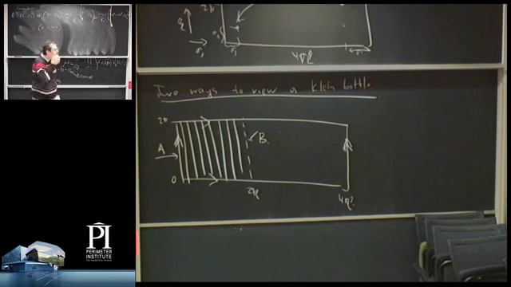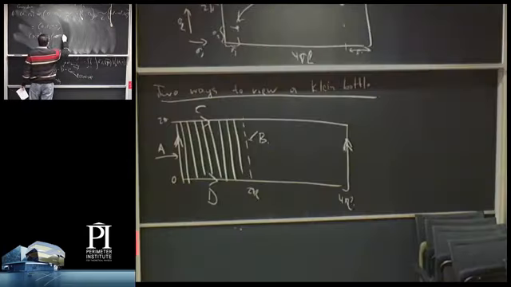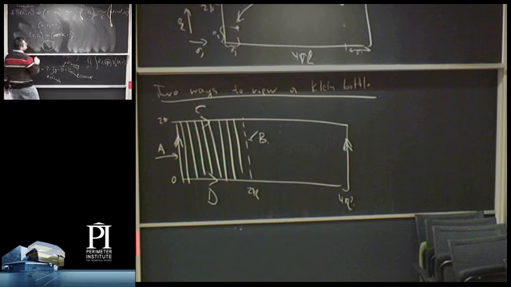So what you are finding is that all the points along this segment A are identified: (0, sigma 2) is identified with (0, sigma 2 plus pi). Sigma 2 is a circle, so what I'm doing here is identifying opposite points on a circle.